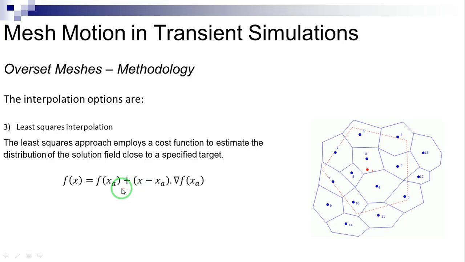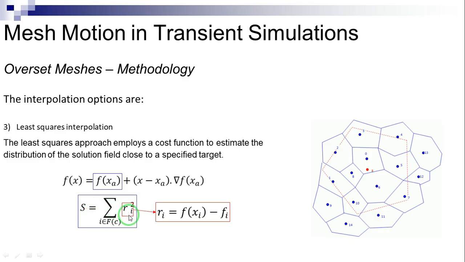Using the least squares approach, STAR-CCM+ calculates F(xa) by reducing the total of squared residuals, as you can see here in this equation. Here, the residuals are calculated as the discrepancies between the values estimated by this equation at the source positions i and their corresponding known values Fi, as you can see here in this equation.